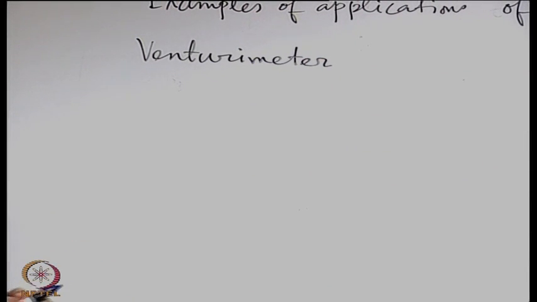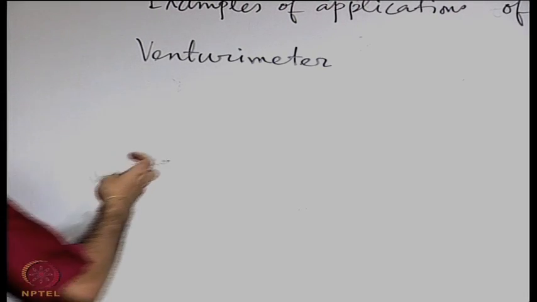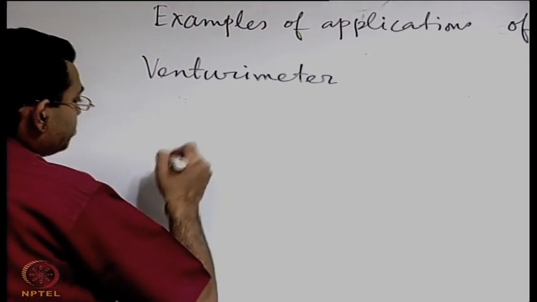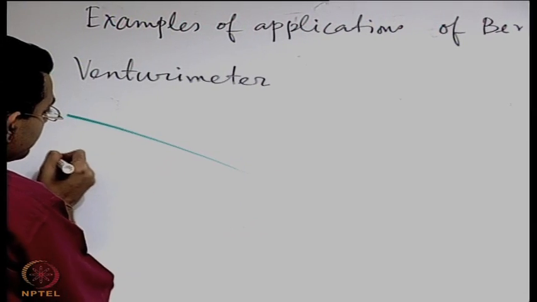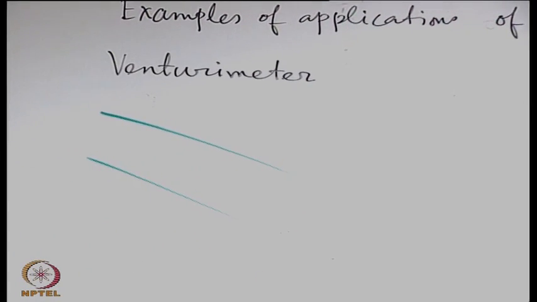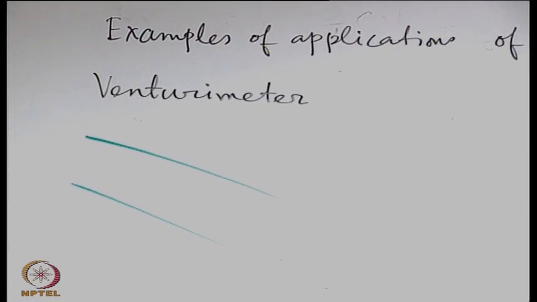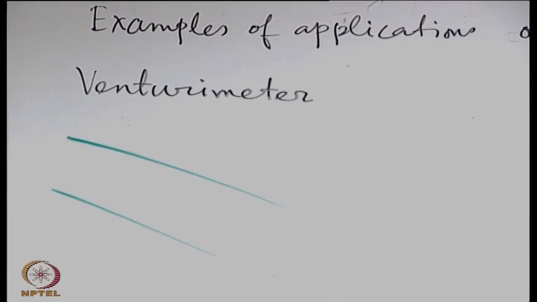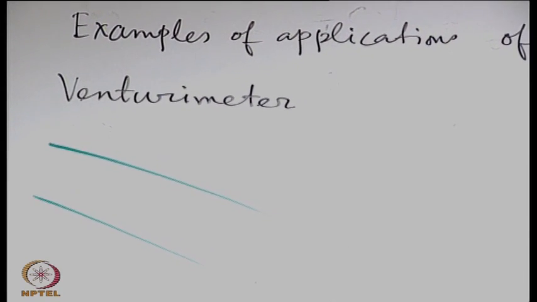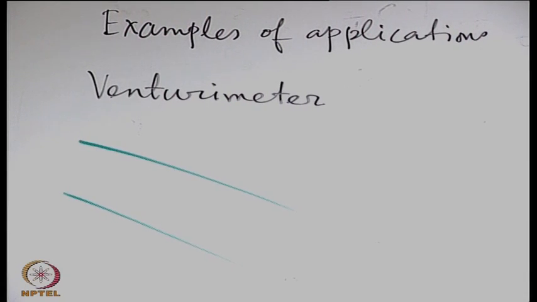Say you have a pipeline and you are interested to measure flow through a pipeline. So say you have a pipeline like this, you want to measure what is the rate of flow through the pipe. So how will you do it? There are many ways in which it can be done. One of the ways is by utilizing a device called a Venturi meter.